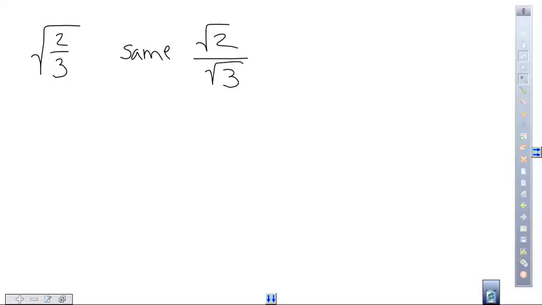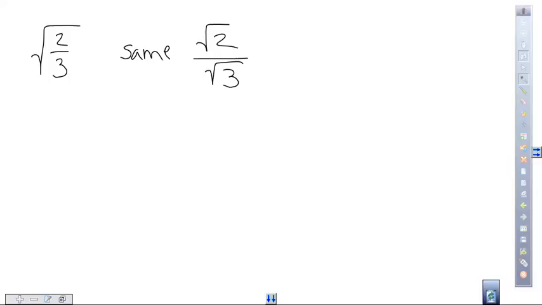Sometimes we want to take one that's written this way and rewrite it this way, because sometimes the fraction will reduce. That's always nice. Or if we have one like this, but one of them has a square root and the other one doesn't, it's easier to think of it this way, so we can take the square root of one of those numbers. So being able to write back and forth between these two is very useful.